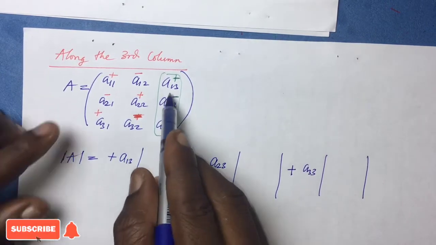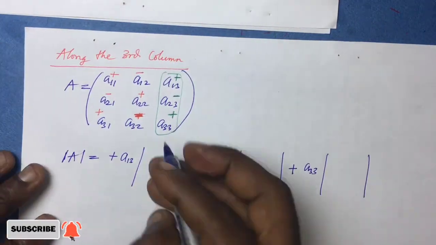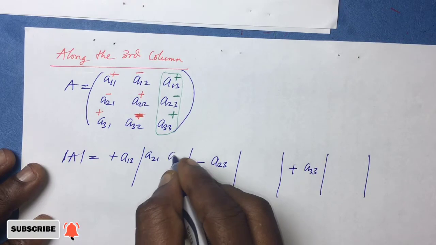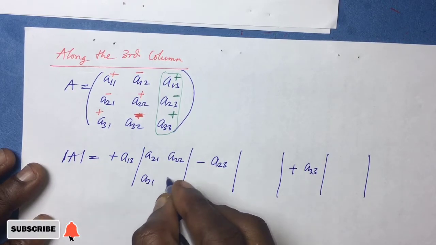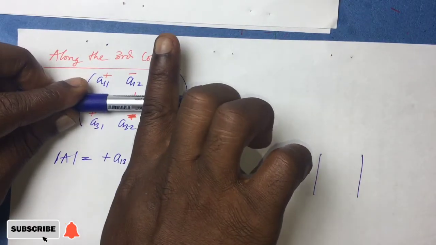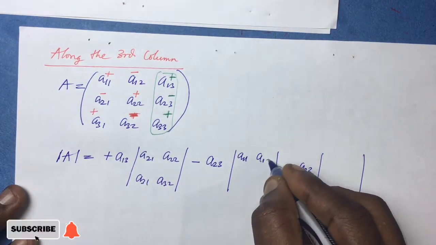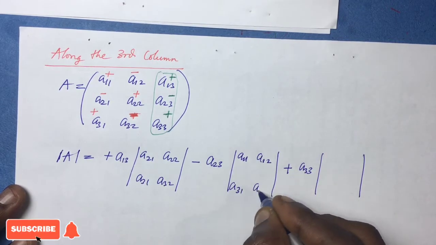So if you take out this, you end up having the minor to be the determinant of A21, A22, A31, A32. Then if you take out the next, it will give you A11, A12, A31, A32.